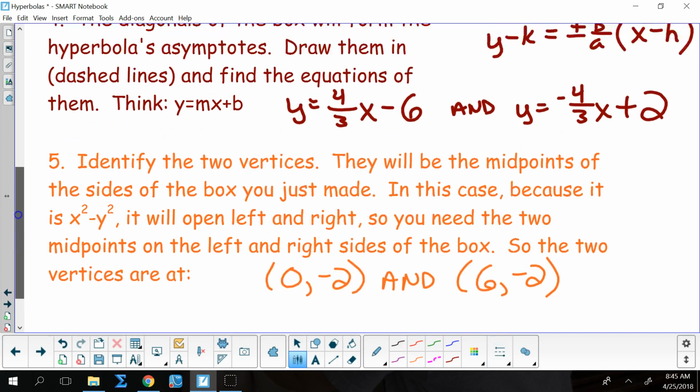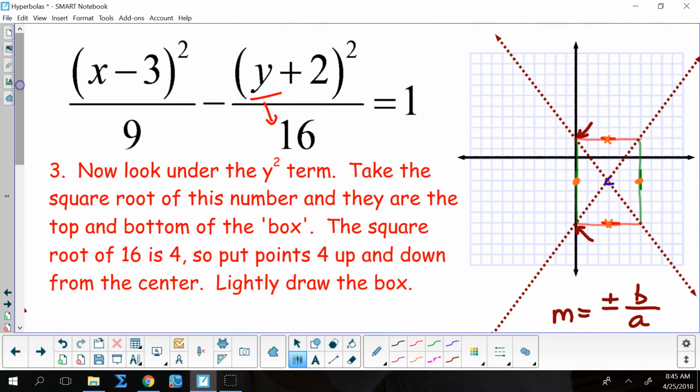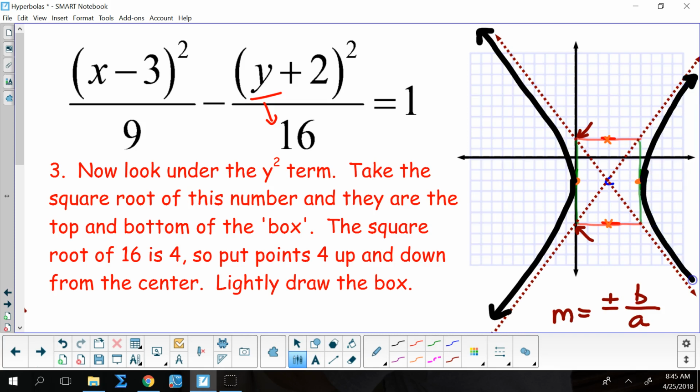So our hyperbola approaches our asymptotes, which is why we needed to draw those first, goes through our vertex, or our vertices, and it opens both left and right.